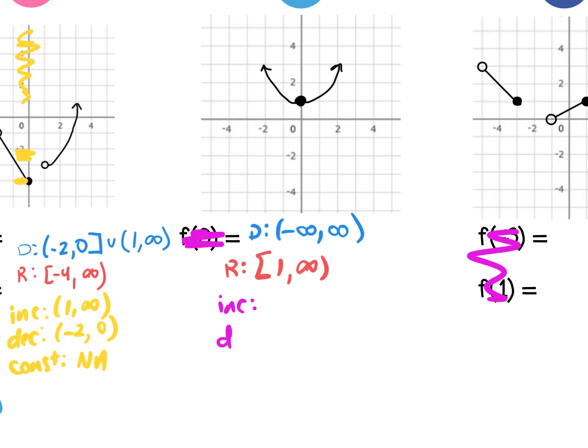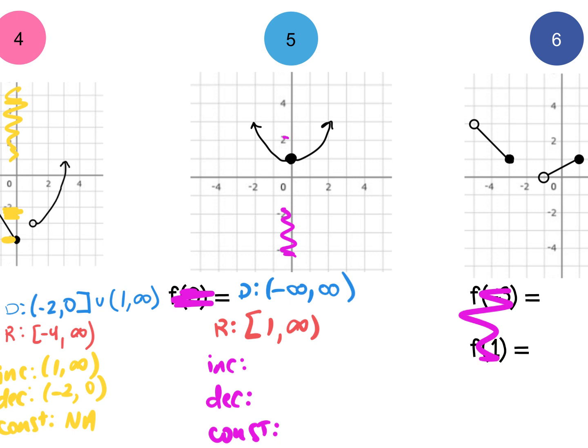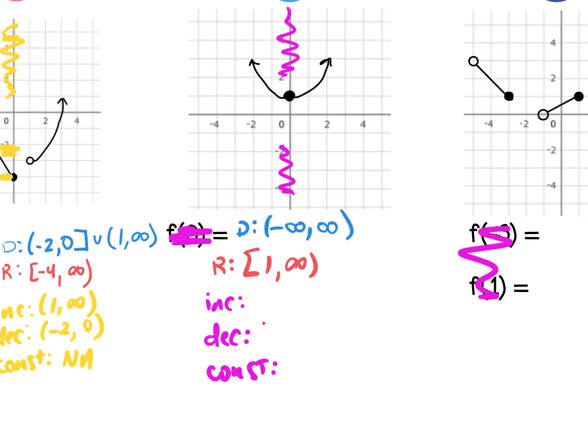Increase, decrease, and constant. Starting on the left-hand side, if you put your finger where that arrow is and follow the line, what's happening? Decreasing from where on the x-axis to where on the x-axis? -infinity to 0.